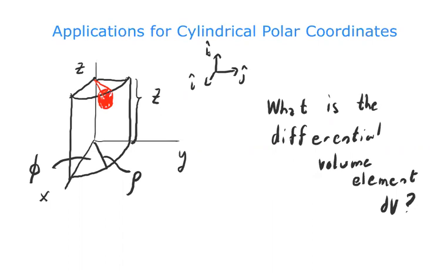And so let me blow it up for you. You may say, well, that's not precisely a cube, right? Well, it is in the limit when you let those sides get smaller and smaller. Hence, that's why you use differential volume elements.